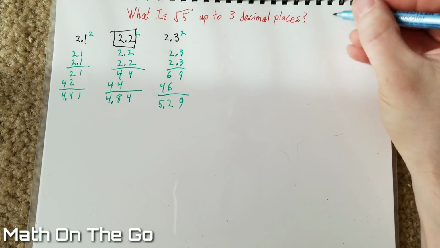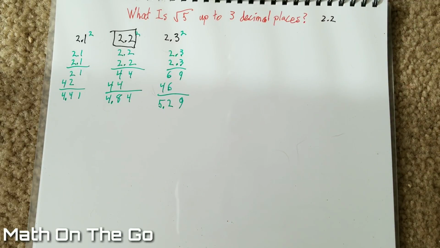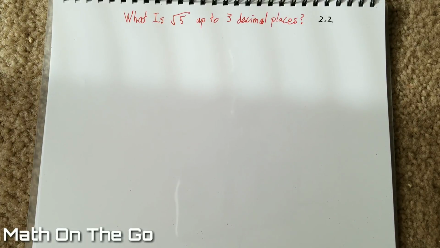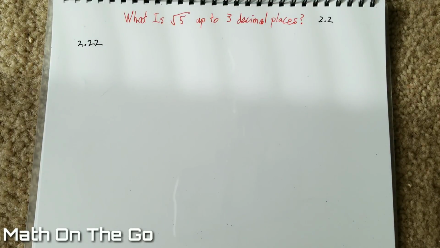So our first part of the approximation is 2.2. That's what we've got so far. Let's add a second decimal place in the hundredths place. For the fun of it, we will start with 2.22 as our first guess.